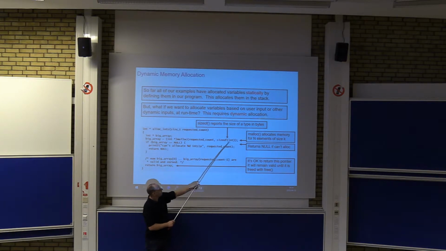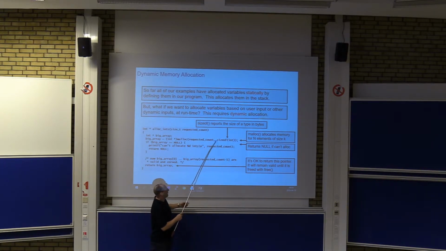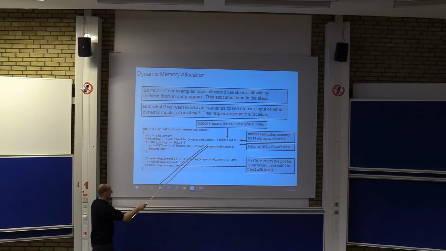Once again, if you allocate integers, depending on the architecture, it could be 2, 4, or 8 bytes. We don't know that, but it's calculated automatically for you on your specific architecture with the sizeof function.